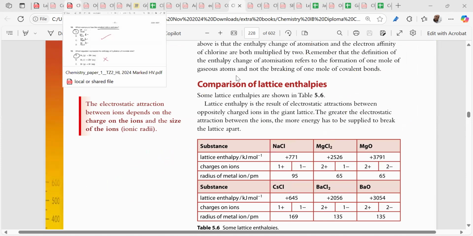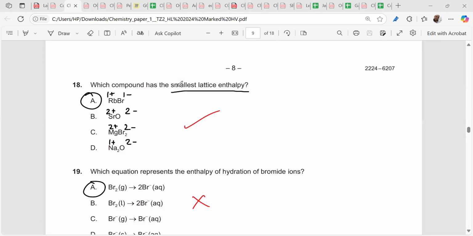In the question, you have to go for an elimination round. We are having MgBr2, SrO, RbBr, NaBr. We put the charges: +2 -2, +2 -2, +1 -1, +1 -1.